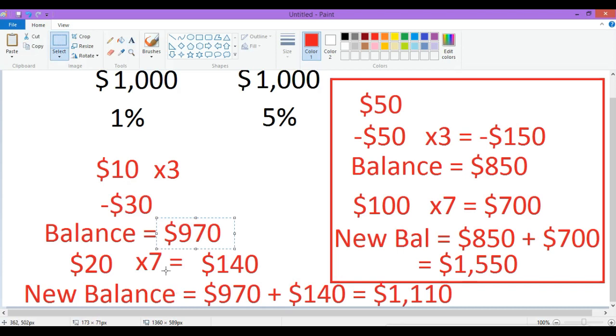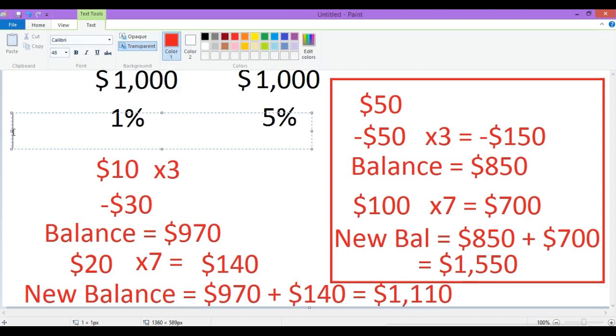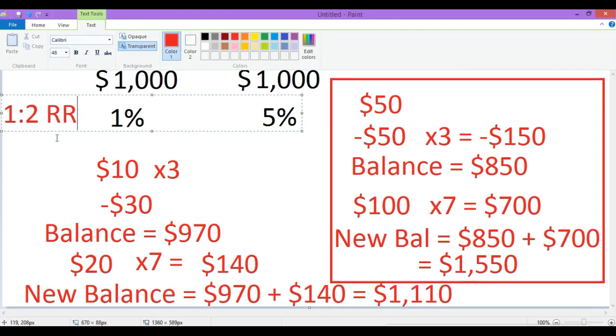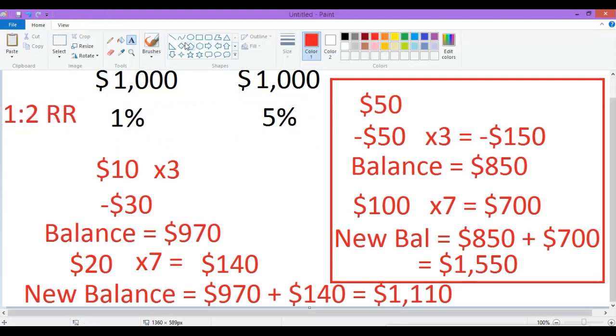Now since we are doing a 1 to 2 risk to reward, I've mentioned it over and over, 1:2 RR, that's the short form for risk to reward. Fix your eyes here, because we try as much as possible to make sure our trades end up at 1:2 RR.